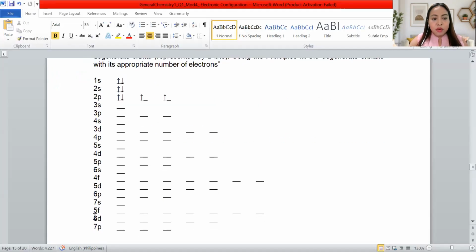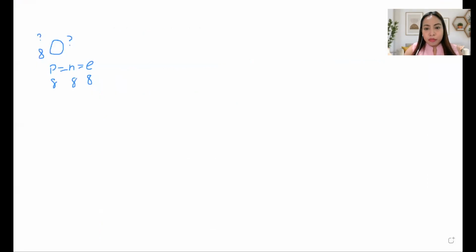So that we don't have to write everything out, we assign the electrons gradually. Let's go back to our whiteboard. 1s. How many electrons can an s subatomic orbital have? 2. So one spinning up, one spinning down.